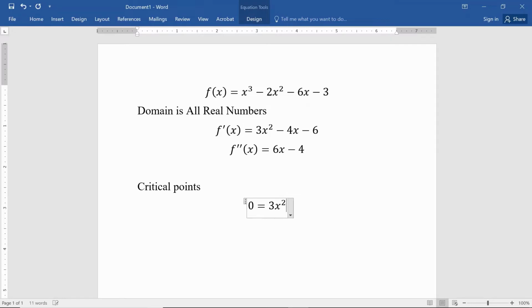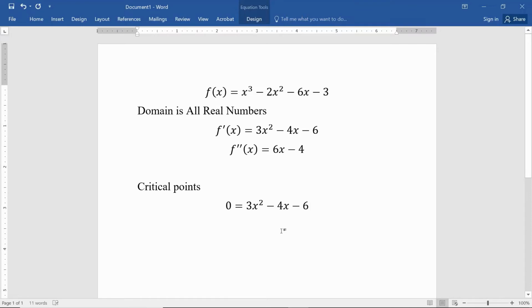3x^2 - 4x - 6. Let's see if this one factors. This one does not factor, it appears. 3 times negative 6 is negative 18. There's no factors of negative 18 that add up to negative 4. So I don't think this one factors.